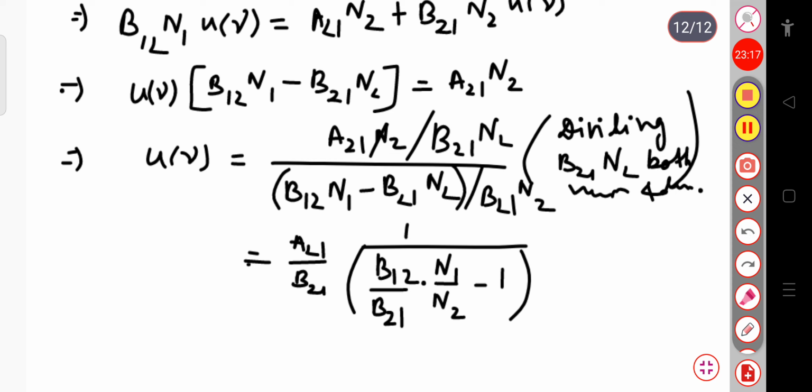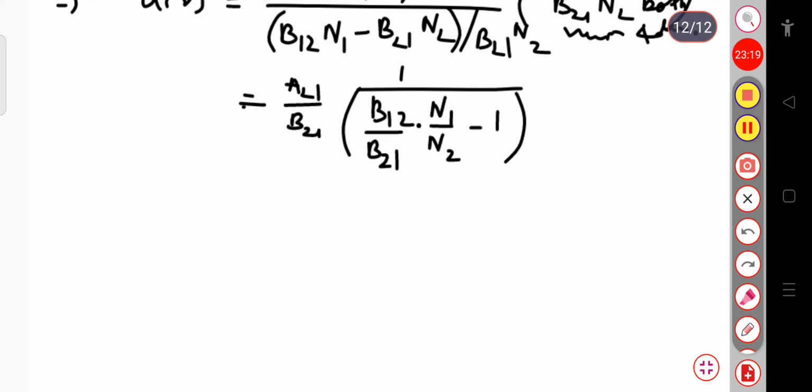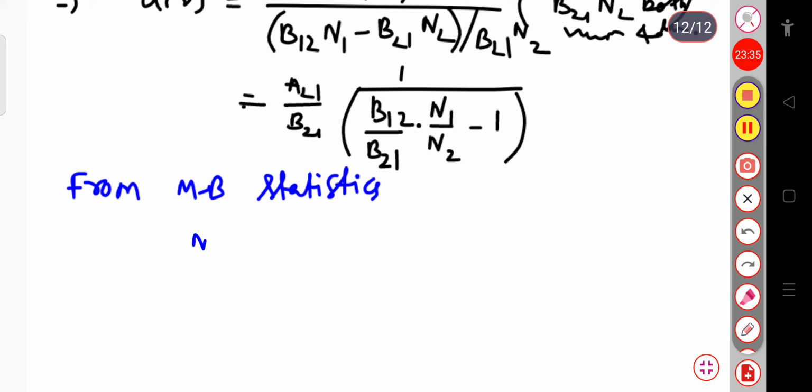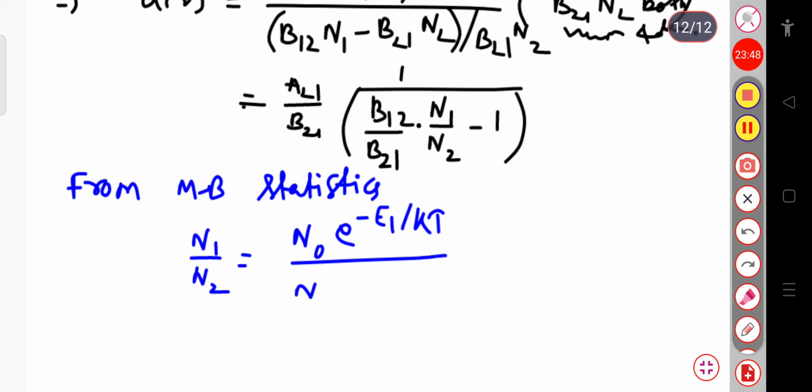So from the Maxwell-Boltzmann statistics, let me write MB statistics. From Maxwell-Boltzmann statistics, N1 by N2 will be equal to the ratio between the two, that is N0 exponential minus E1 by kT divided by N0 exponential minus E2 by kT.